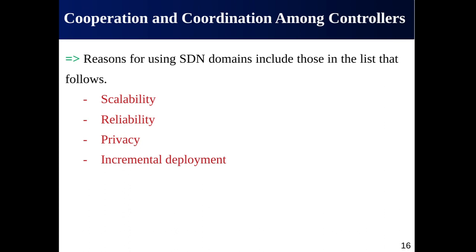But what about the cooperation and coordination among controllers? As now we have more than one controller, we need them to coordinate and cooperate with one another. Distributed controllers may be allocated in a small area, or maybe they are deployed worldwide.